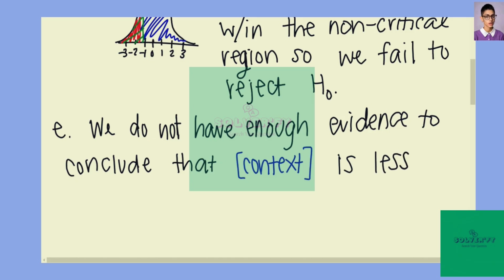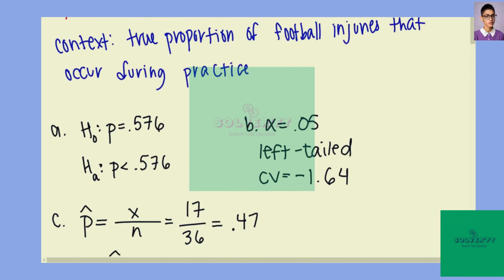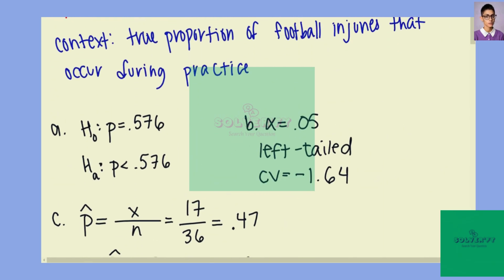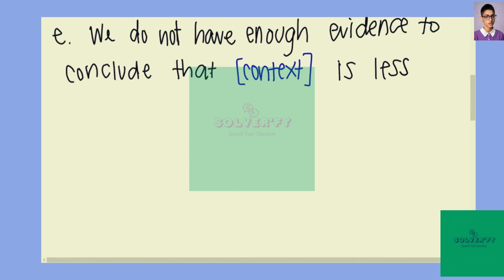So we can't conclude that the true proportion of football injuries that occur during practice is less than 57.6%. And that's our answer.